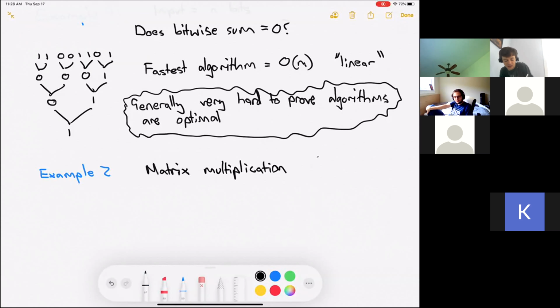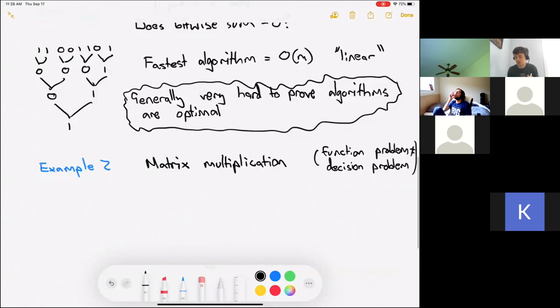So this is actually an example of something called a function problem. It's not equal to a decision problem. So formally this is not in complexity classes like P and NP, which are normally formally defined to refer to decision problems, but people will still commonly use those terms to apply them to function problems as well. And there are similarly defined complexity classes for function problems.